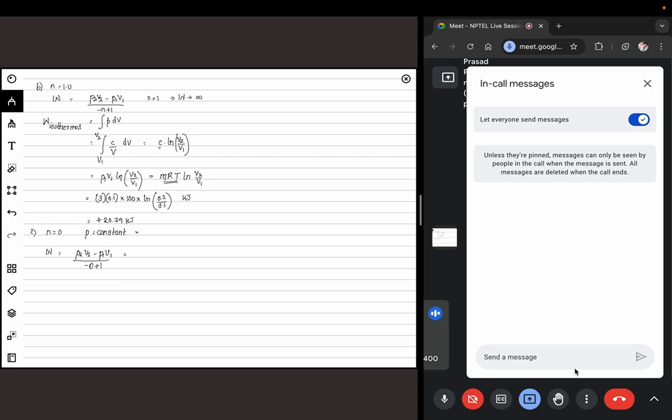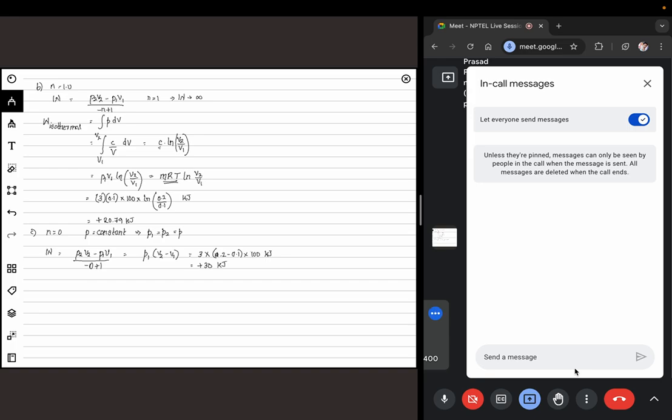Since P is constant, P1 and P2 are the same, so I'm writing P1 times V2 minus V1. The denominator is 1. You already know what P is, and what V2 and V1 are. This 100 is just a factor to get the corresponding units. So what's the value you are getting over here? That's around plus 30 kilojoules.